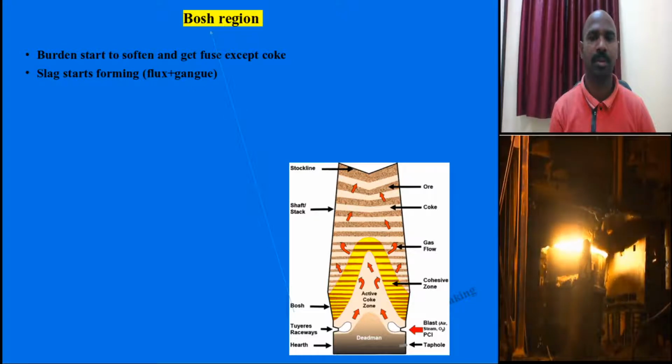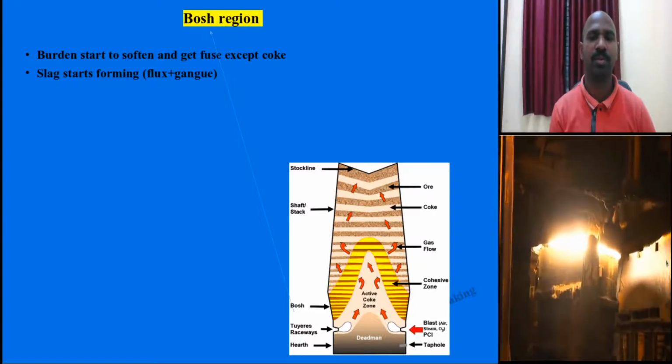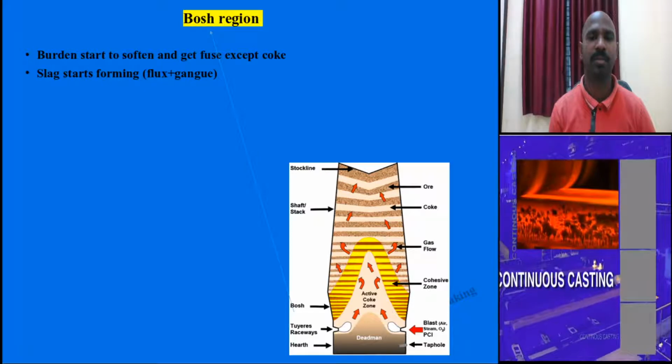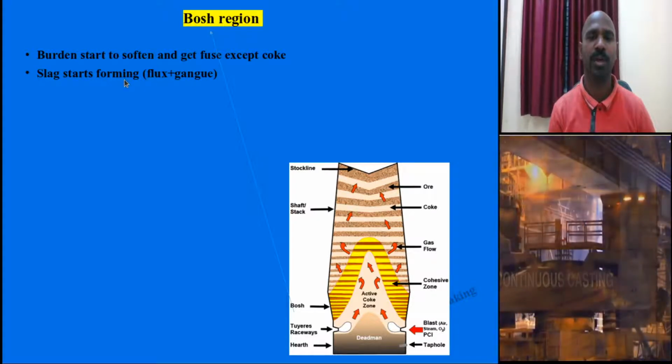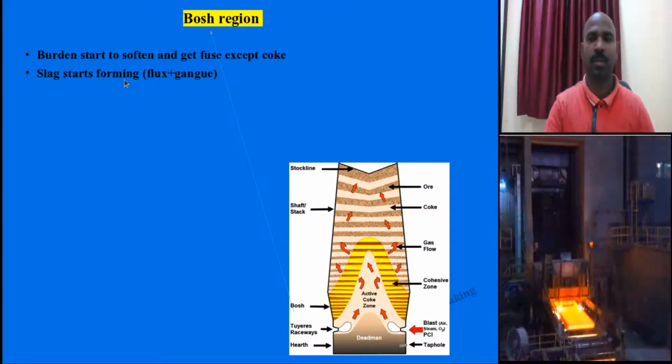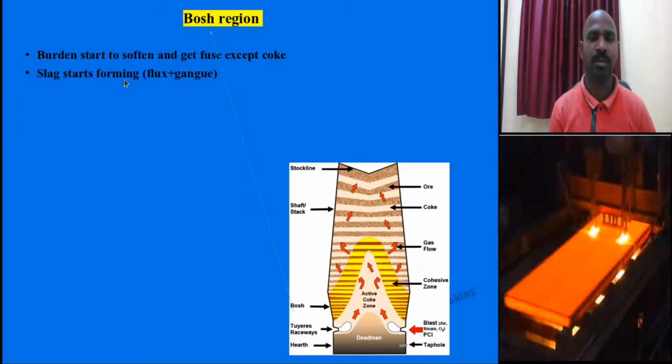The temperature rises to 1800 degrees Celsius, and slowly the solid material converts into the liquid state. Slag starts first, which is nothing but flux, used as limestone, and gangue, the impurities associated with the iron ore and coke.